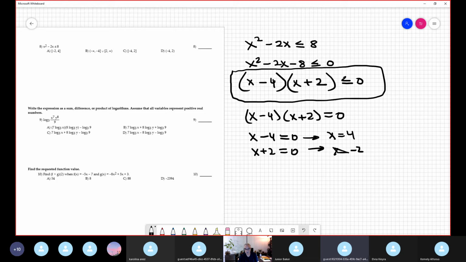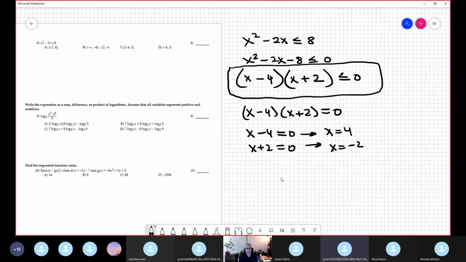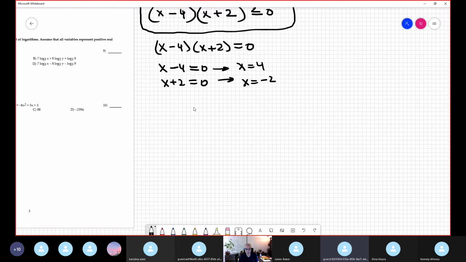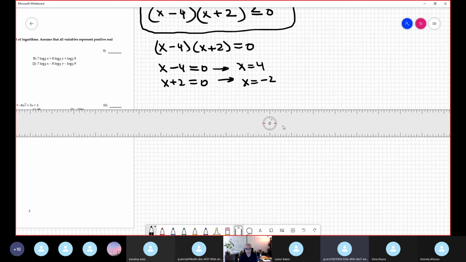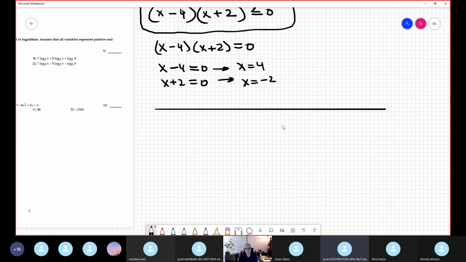And these are the critical values. The critical values help me to make a partition of the whole real number line. Look, the whole real number line. Okay, we have the whole real number line. We have positive 4 and negative 2.